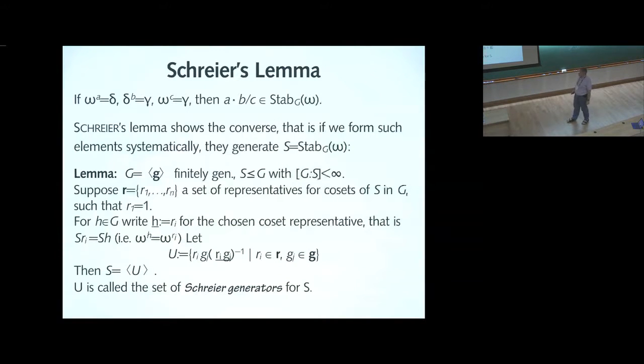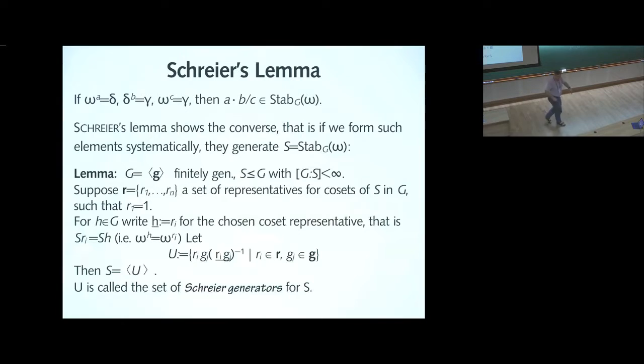And for that, we use what is called Schreier's lemma. Well, the basic idea is, let's suppose I have elements A, B, and C in a group where A maps omega to delta, B maps delta to gamma, and C maps omega directly to gamma. So with A, I go from omega to delta. With B, I go from delta to gamma.